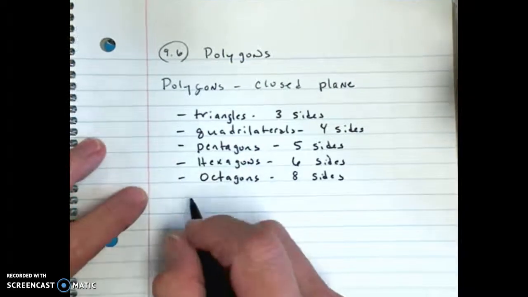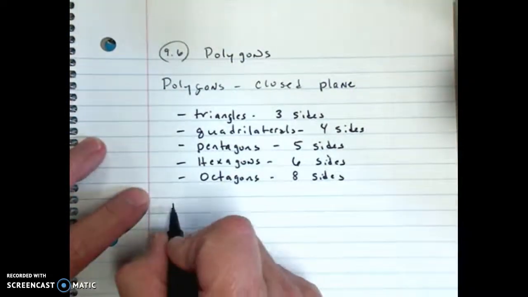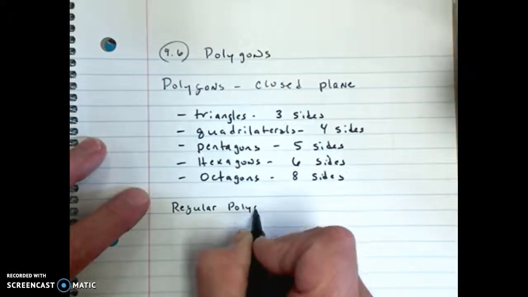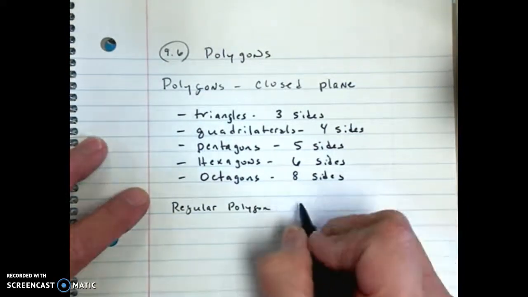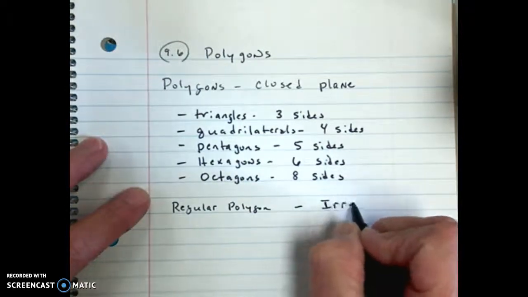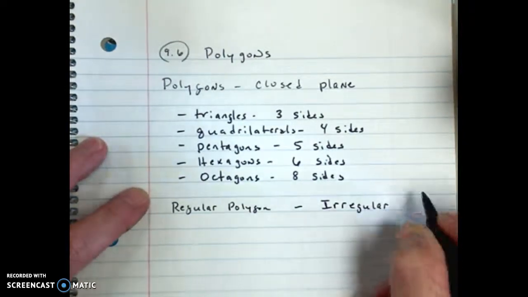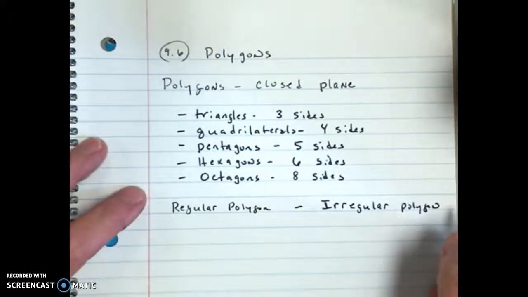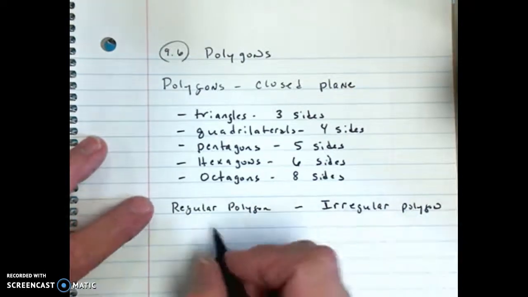There are also two different kinds of polygons. We have what's called a regular polygon, and then we have an irregular polygon. By regular polygon, we mean that all the sides are the same.